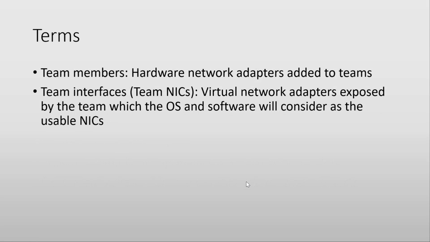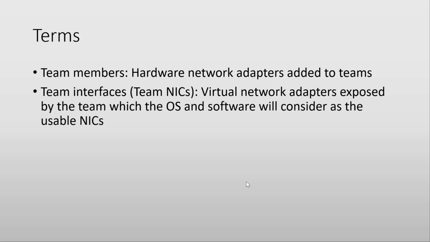Before we continue, I want to discuss two basic terms that I want to make sure you know what they mean. First is the notion of team members. Team members are the hardware network adapters that are on your server that can be added to any network team.